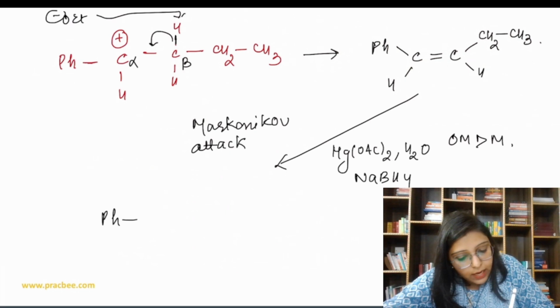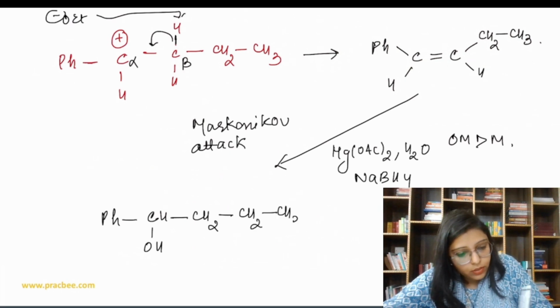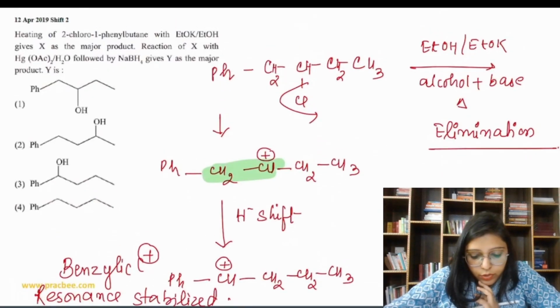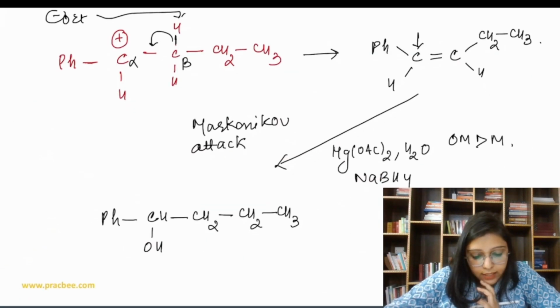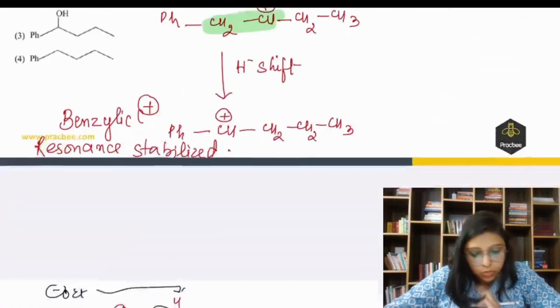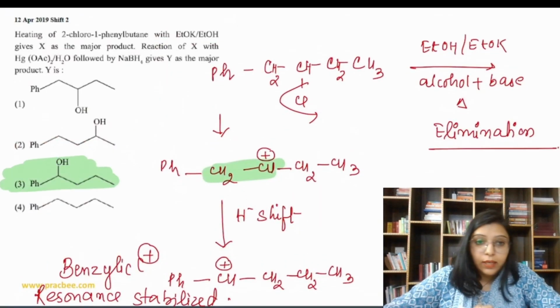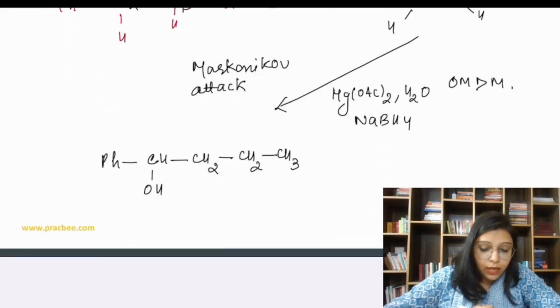So we form phenyl COH, CH2, CH2, CH3. So as per this, which is going to be the correct answer? Phenyl CHOH, then CH2, CH2, CH3. So option 3 is going to be the correct answer. Clear? Option 3 is going to be the correct answer.